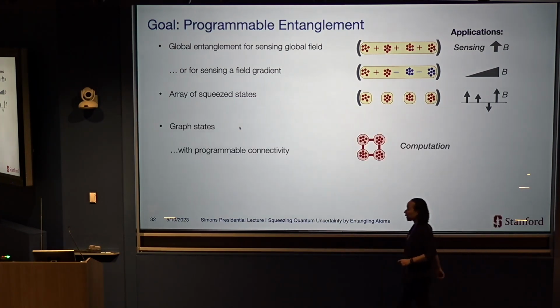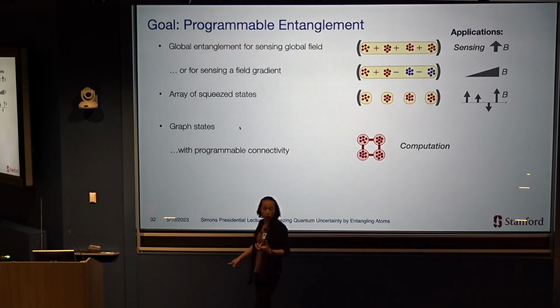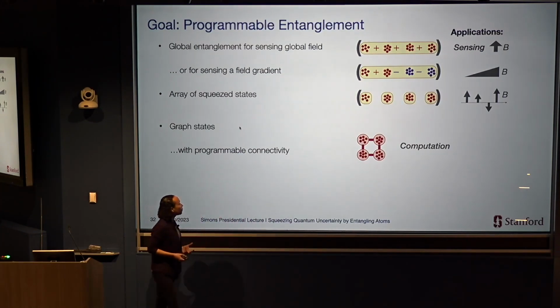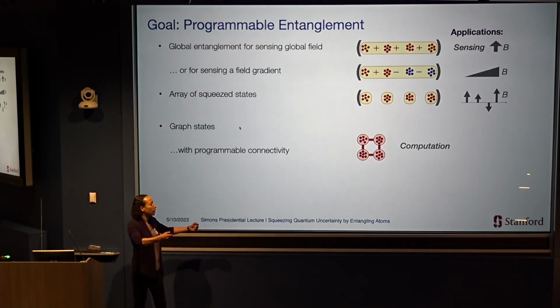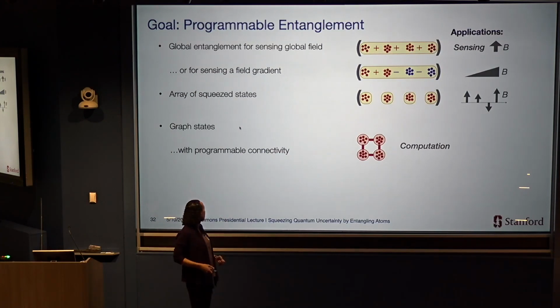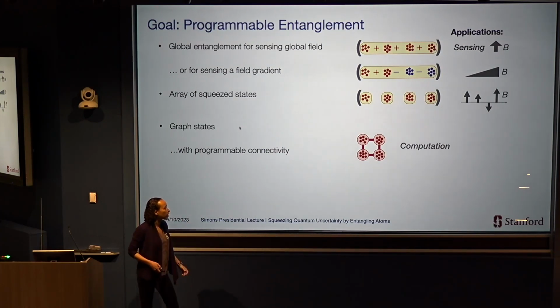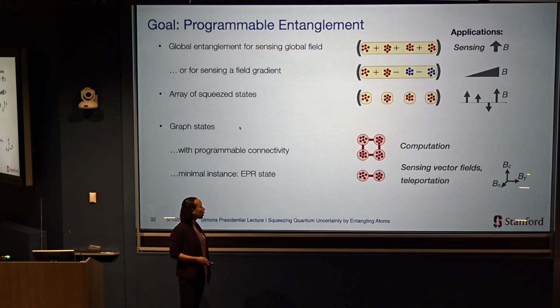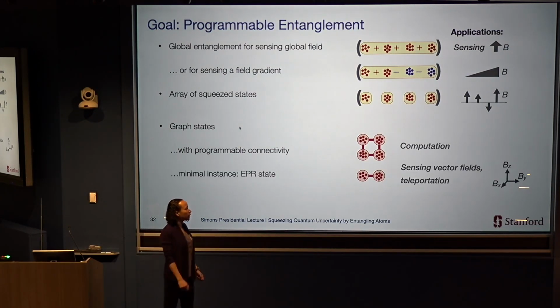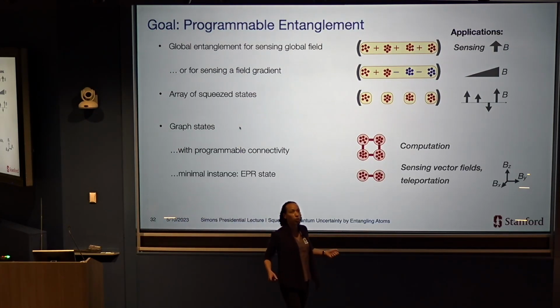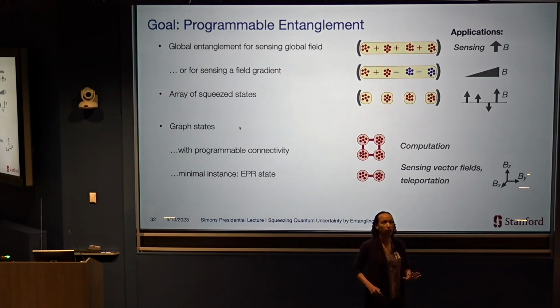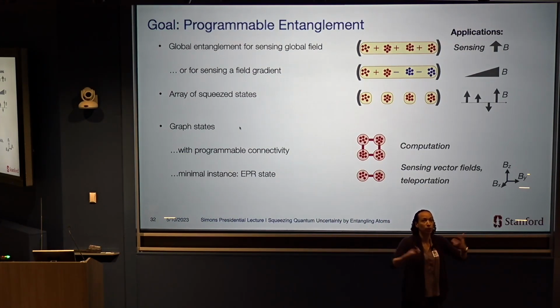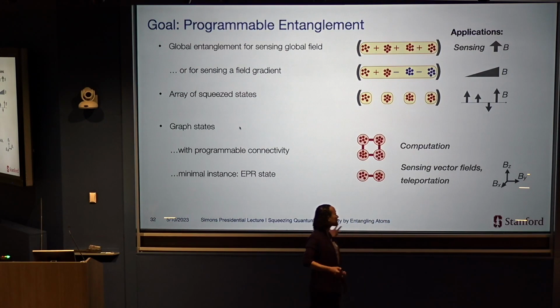But more generally, some of these same techniques for engineering entanglement, if one has sufficient programmability of the structure of correlations in the system, can also open other directions in being resources for quantum computation, or being resources for more complex measurements where I want to measure not just a field in a particular direction, but the full vector components of a field in 3 dimensions.